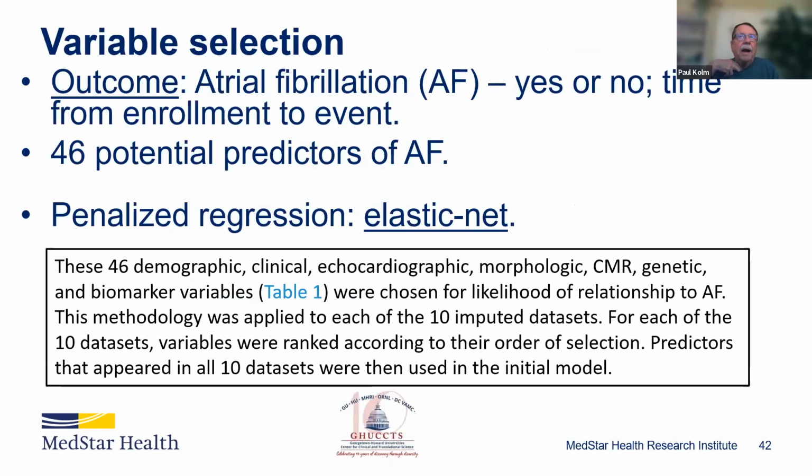Our outcome is dichotomous, just yes or no, but we're also looking at time to the event here. What we want to eventually get to is a survival equation of time to event.